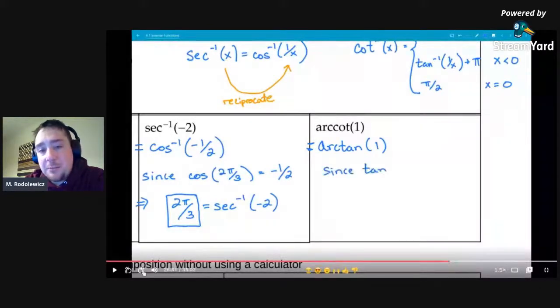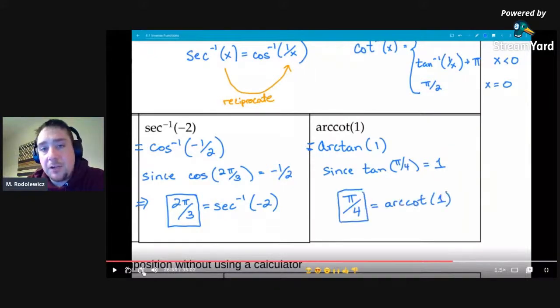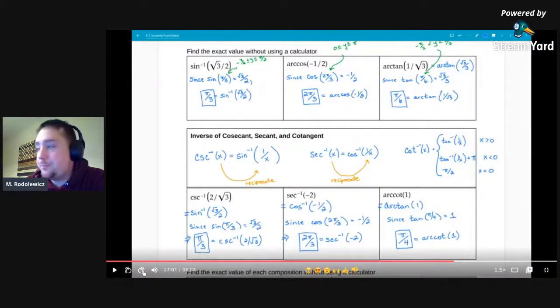And now I ask myself, what angle of rotation between negative pi over 2 and pi over 2 has a tangent value of 1? And using your unit circle knowledge, we know that that angle of rotation is pi over 4.